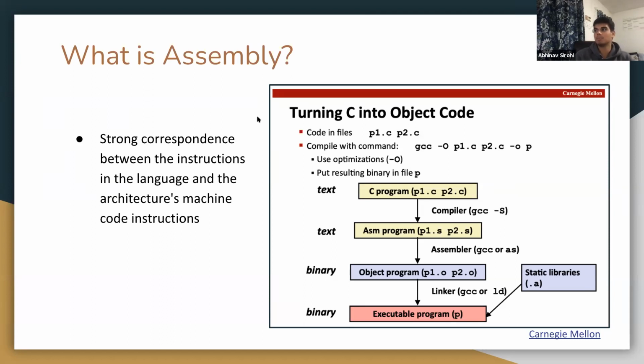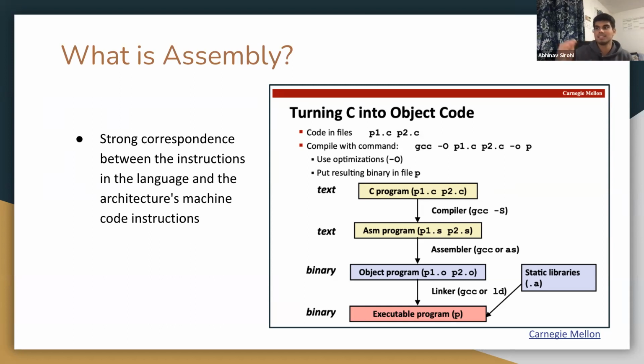In assembly, when we write things, it'll be like move X to Y, or from this register to this register. They will be very simple, straightforward instructions that are created based on the program that we write.